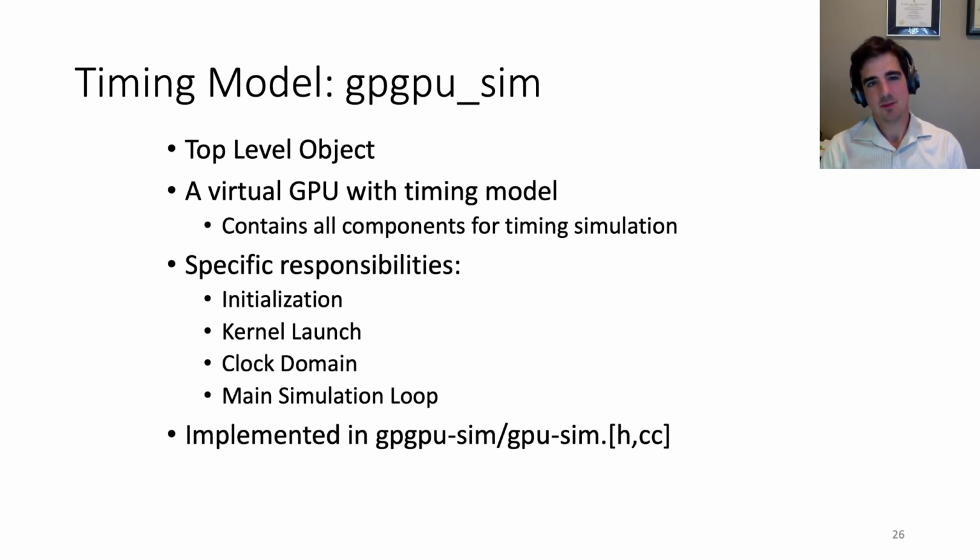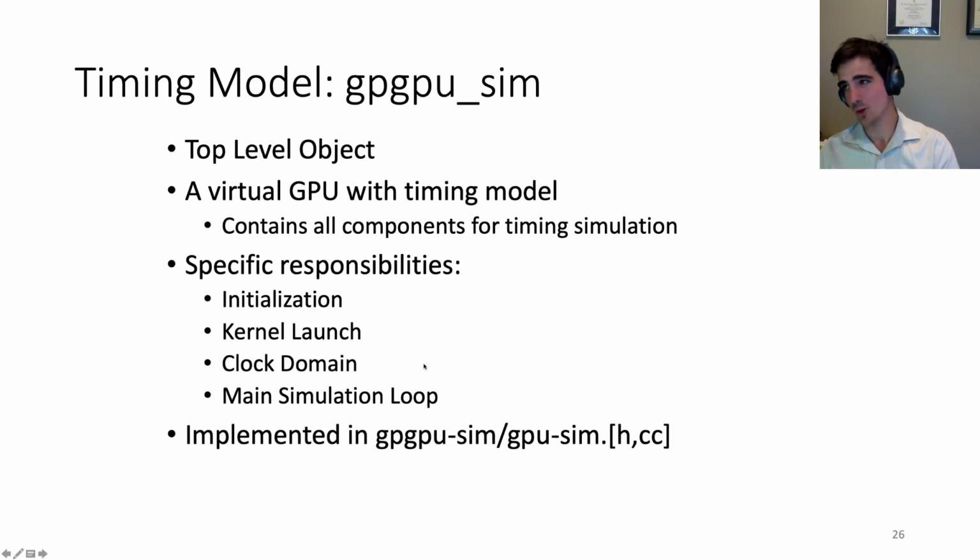So the top level object here is GPGPU_Sim. And this contains everything you need to do timing simulation. So what are the specific responsibilities of this class? You need to initialize everything. It's the thing that launches the kernel. It's the thing that controls the clock domain, so it knows how frequently to clock each of the given structures inside the simulator such that the clock rates work out correctly, right?